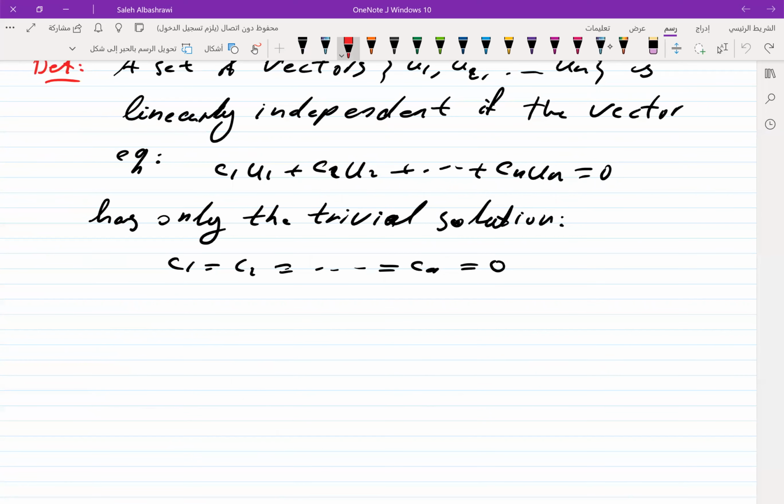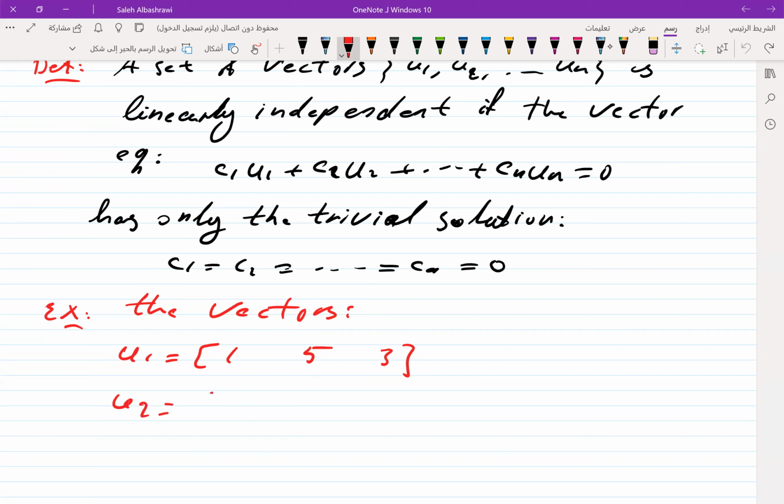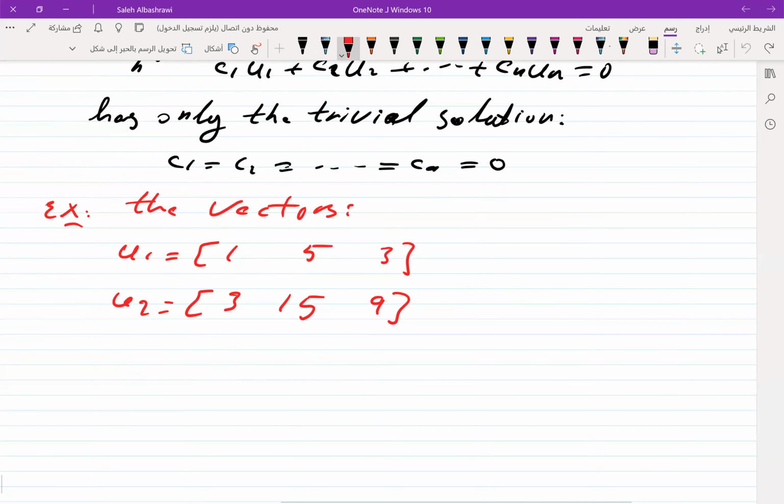For example, the vectors u1 is equal to (1, 5, 3) and the vector u2 which is equal to (3, 15, 9). From this we can say that u2 is equal to 3 multiplied by u1.